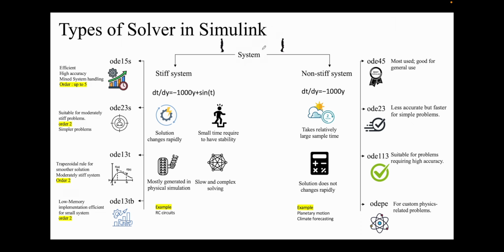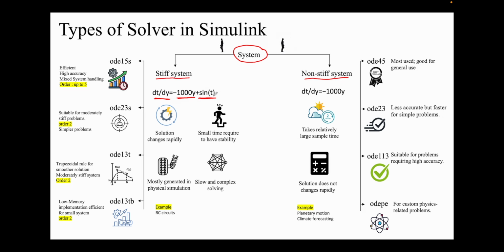If you want to design the model of any system, then you need to decide which type of system it is. It could be either a stiff system or a non-stiff system. In a stiff system, the derivative of the output y with respect to time will be some constant multiplied with the output y, plus a variation.